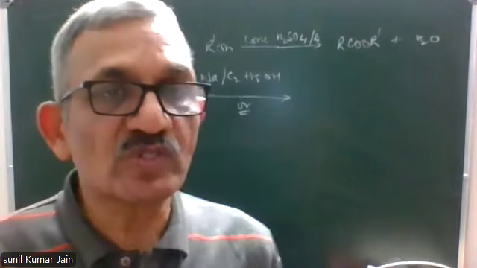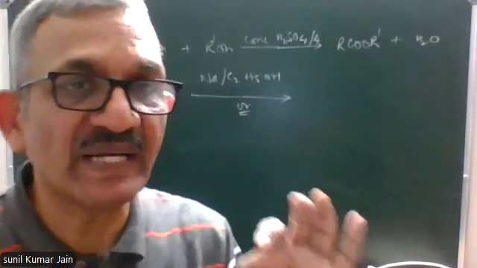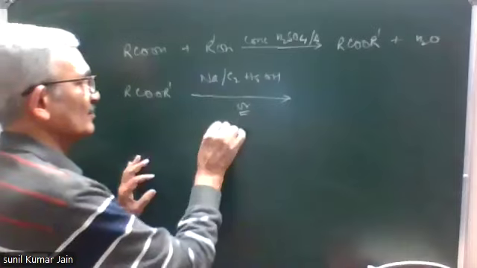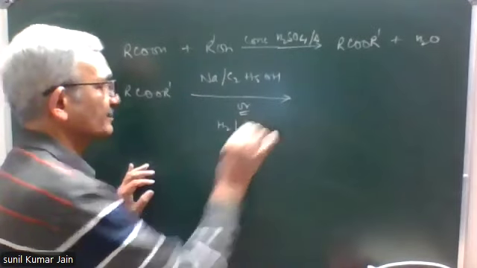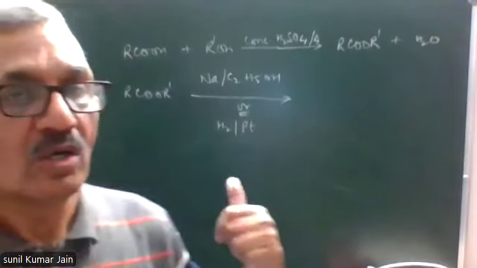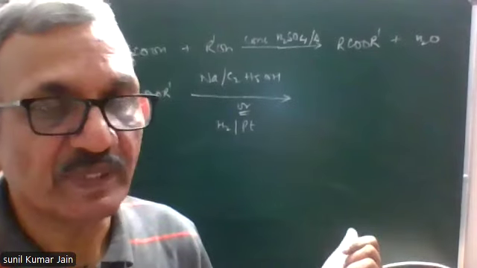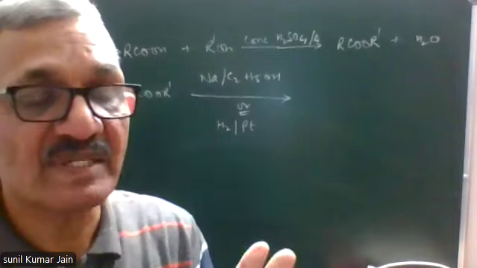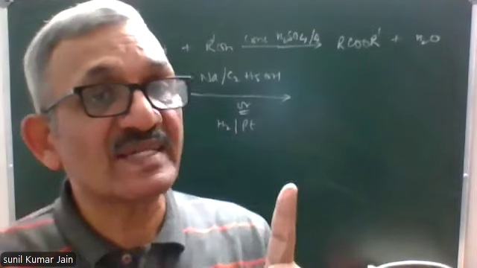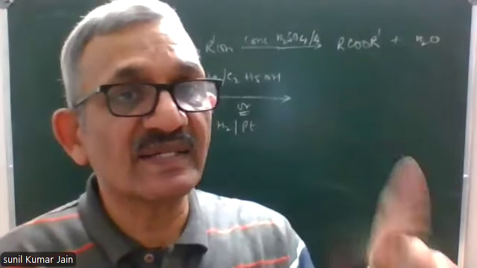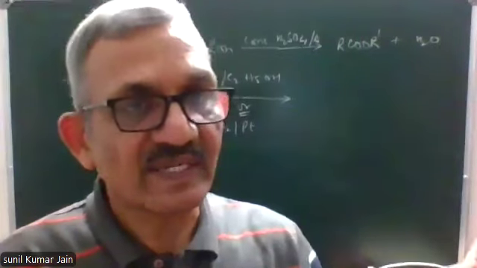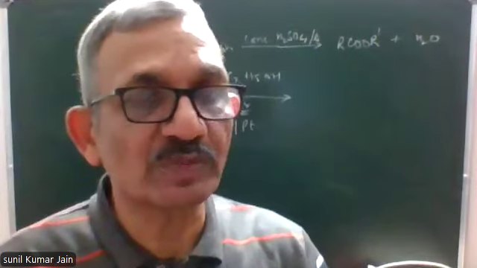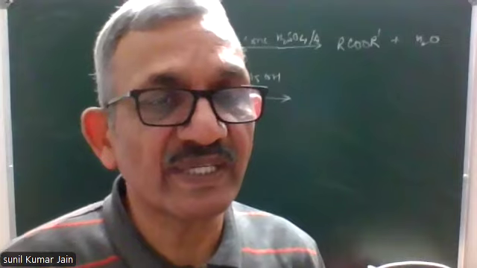We can also use hydrogen in the presence of platinum as the catalyst. Hydrogen is cheap, platinum is expensive, but platinum is being used as a catalyst. And you know, catalysts are regenerated. Catalysts are effectively not consumed. They are regenerated during the reaction.